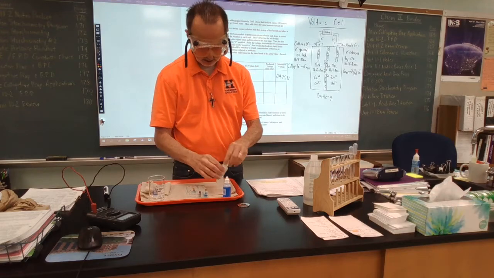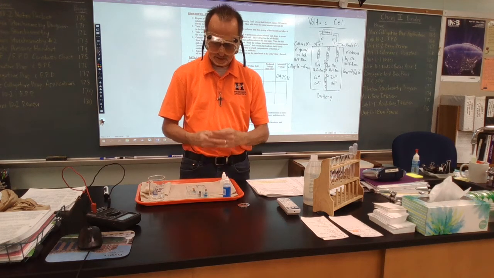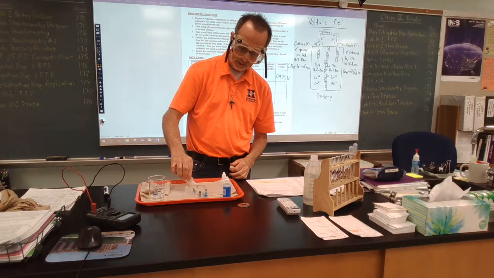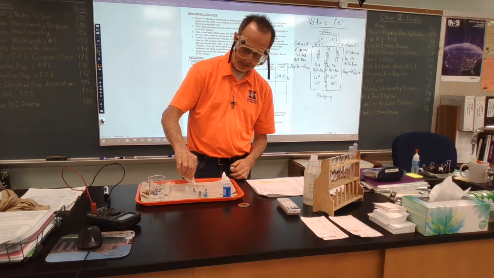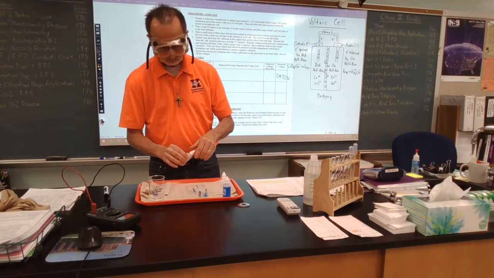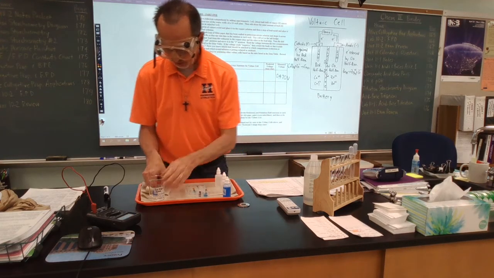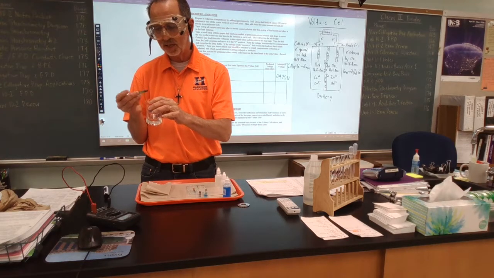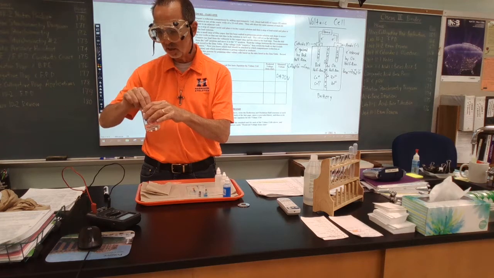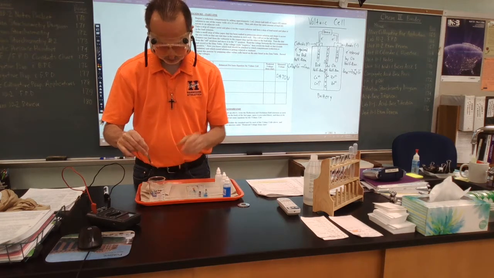Did that. And then let me put lead 2 solution. It's actually lead 2 nitrate in the lead compartment. There we go. And then I'm going to go ahead and fish a salt bridge out of this potassium nitrate solution. There we go.